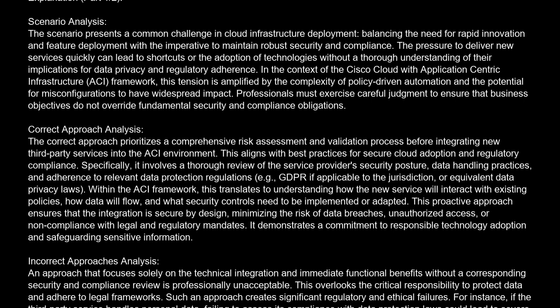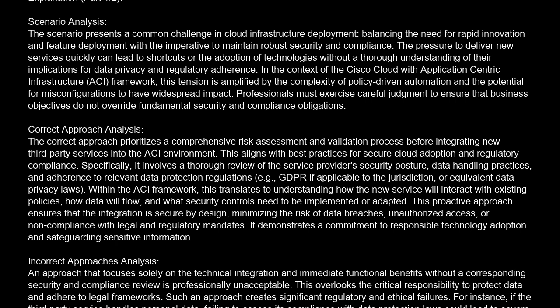For instance, if the third-party service handles personal data, failing to assess its compliance with data protection laws could lead to severe penalties, reputational damage, and loss of customer trust. It also violates the principle of due diligence, which requires organizations to take reasonable steps to ensure the security and legality of their operations.